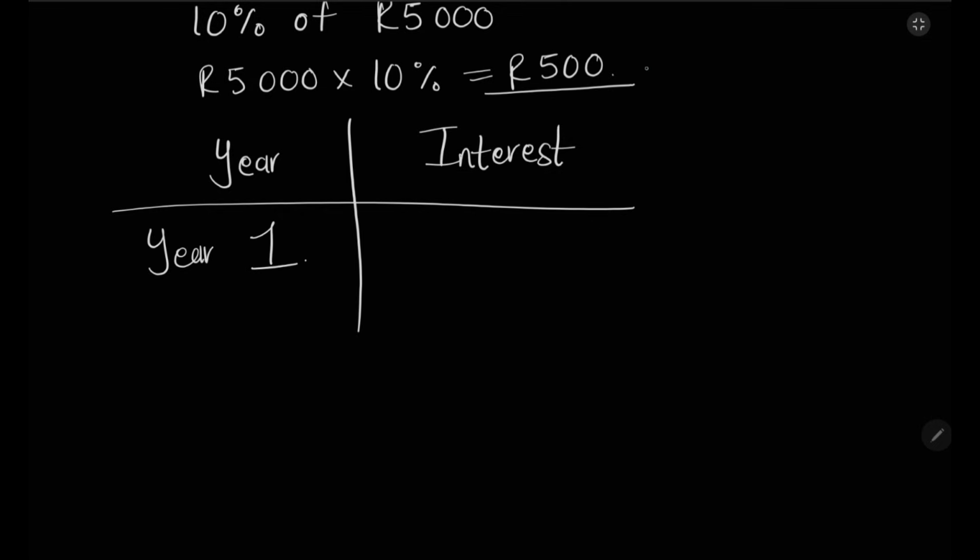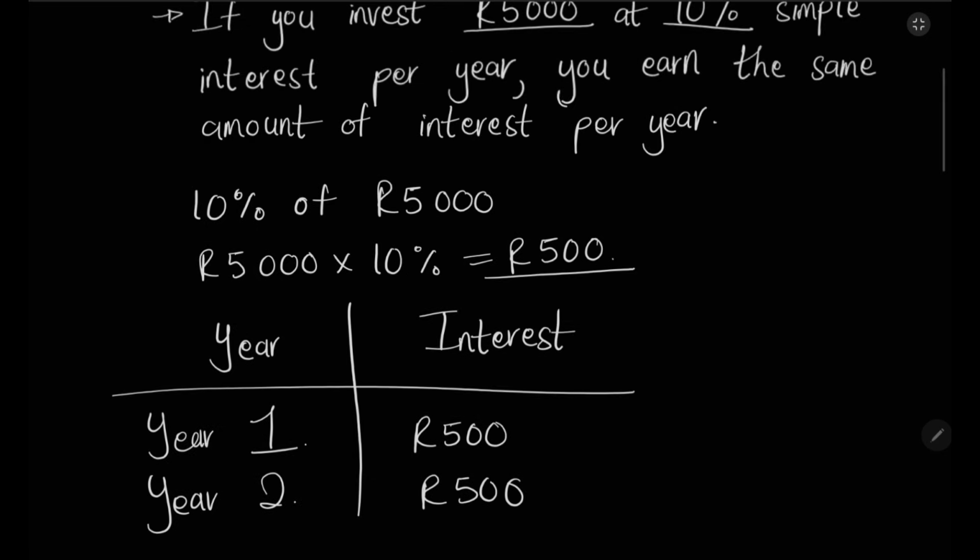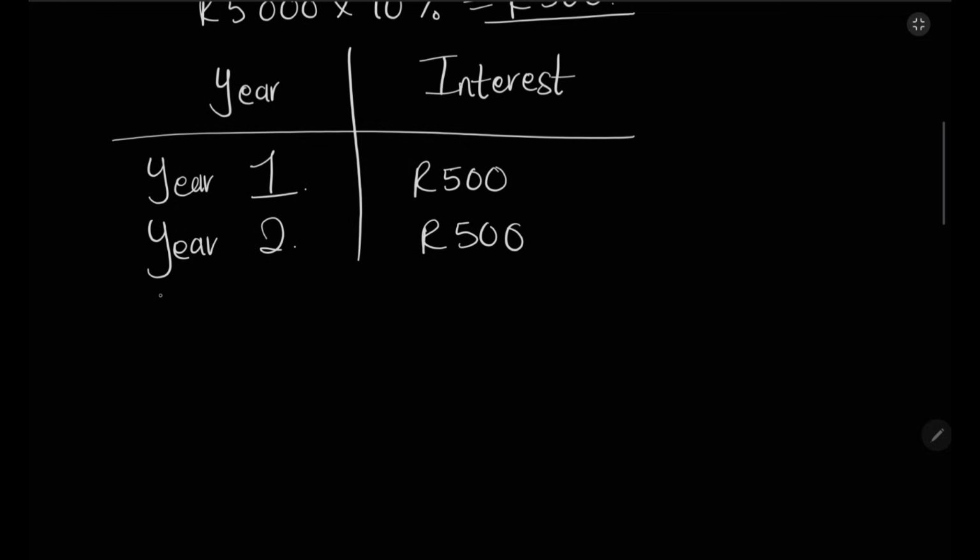We have 500 Rand interest, okay? 500 Rand. For year 2, we'll also get 500 Rand because the statement says you earn the same amount of interest per year, meaning if in the first year it's 500 Rand, in the second year it'll also be 500 Rand, as well as the third year. Let's say year 3, it's 500 Rand.